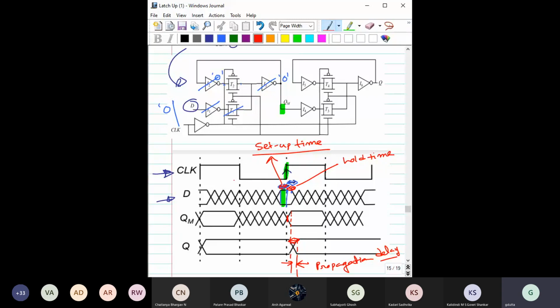Right, right. But see, let's consider it this way. Say this first inverter is not present. Then whatever change in D will be reflected immediately across this, right? Okay.